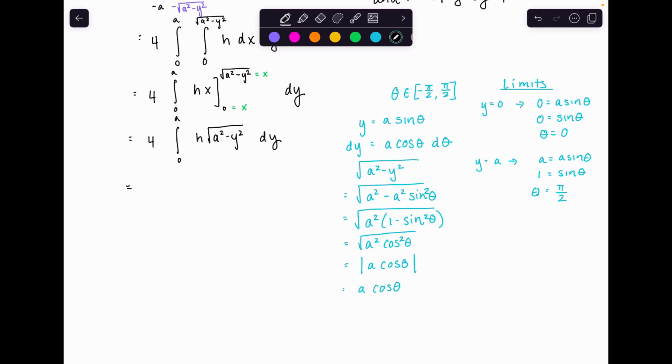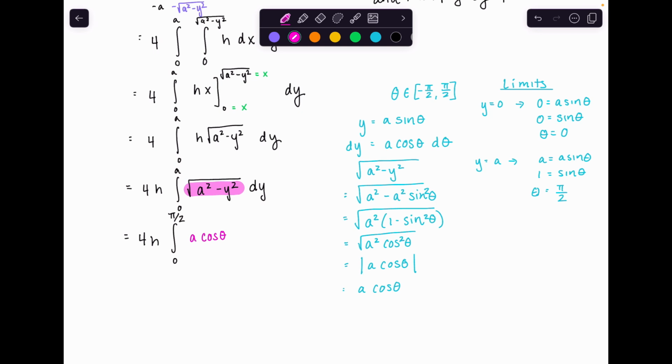So way back up here, I'm going to take one extra step and pop out that h because it's the height, it's a constant. And then we can go ahead and switch all of these pieces over. So our bounds now for theta are 0 to pi over 2. The inside, the square root of a squared minus y squared, just becomes a cosine of theta.